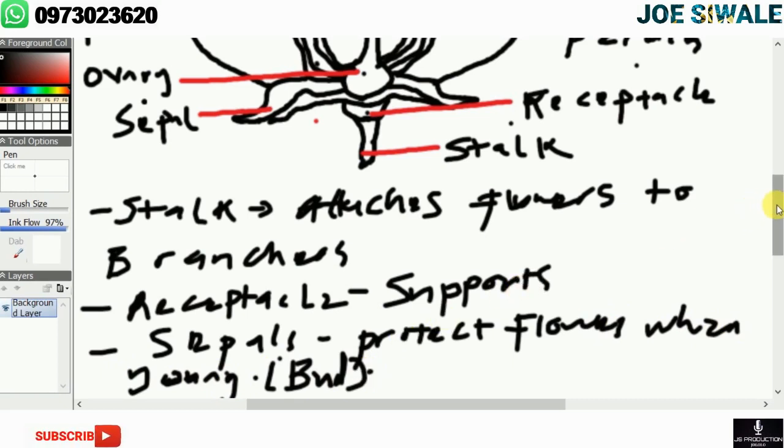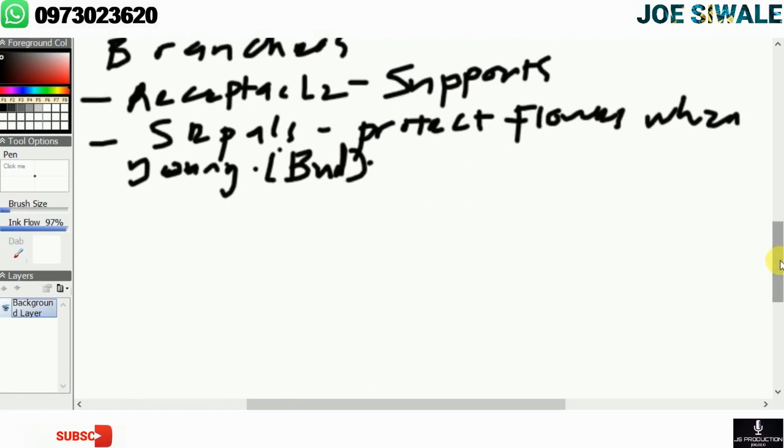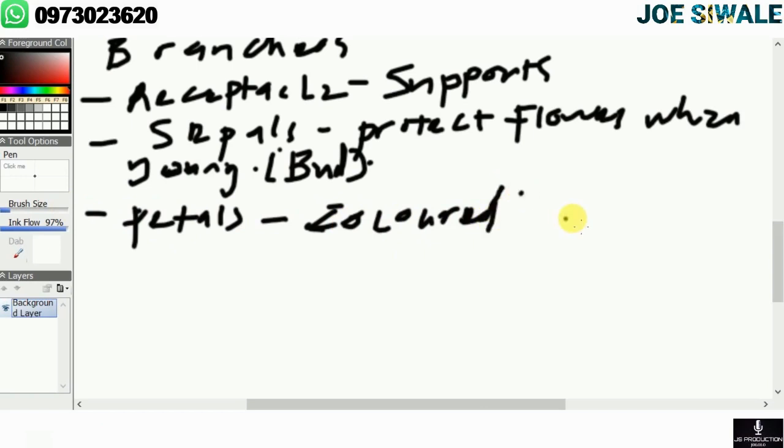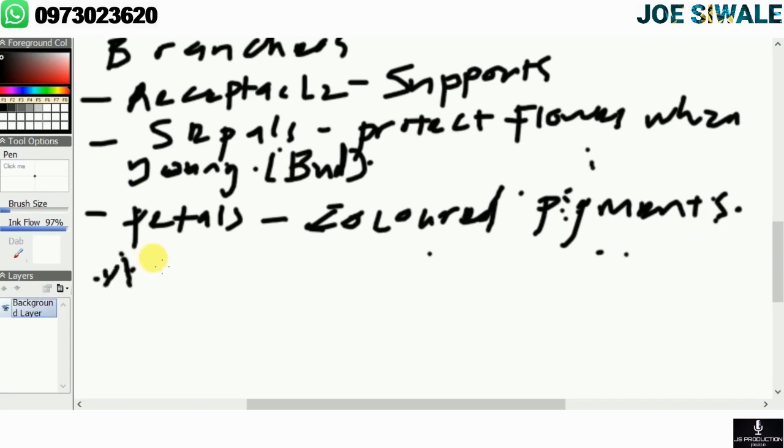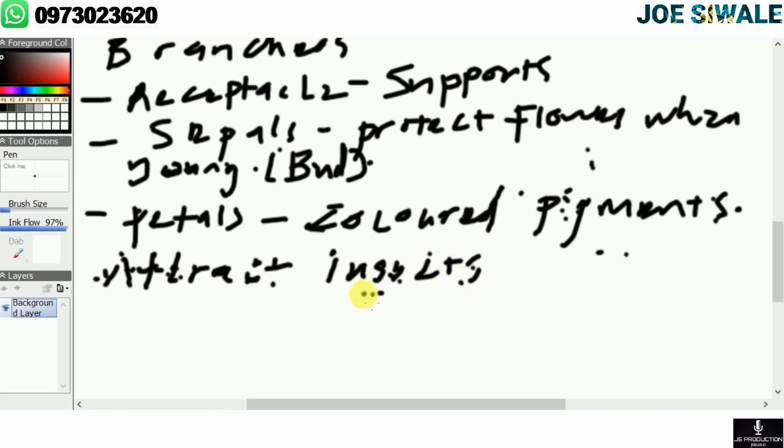Then we also have the petals. The petals are usually made up of colored pigments, and they are used to attract insects.